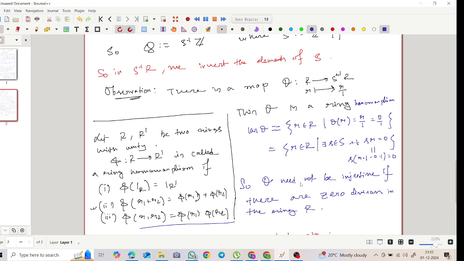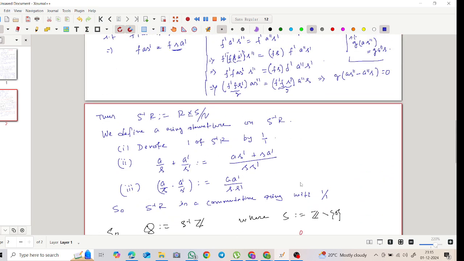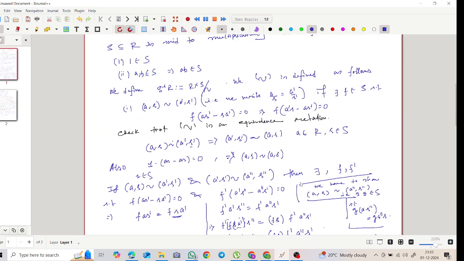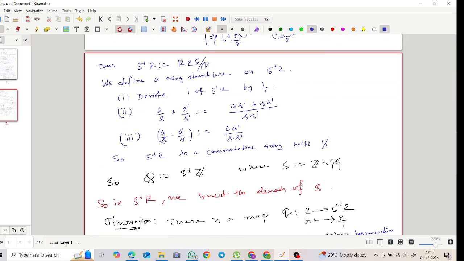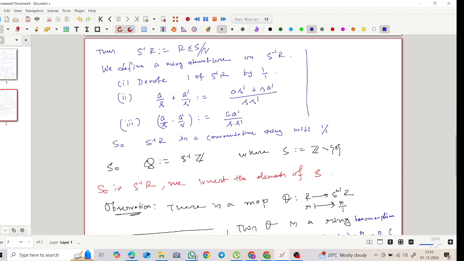Let's take another assumption here while talking about S. Let's not take 0 into S. If 0 belongs to S, then S inverse R is basically 0 by 1.